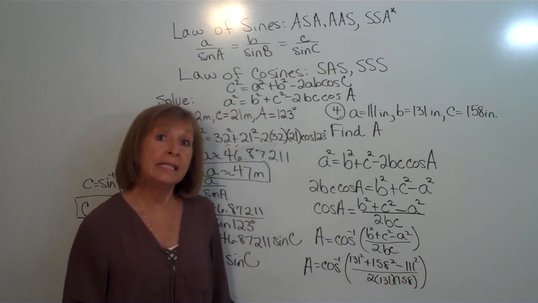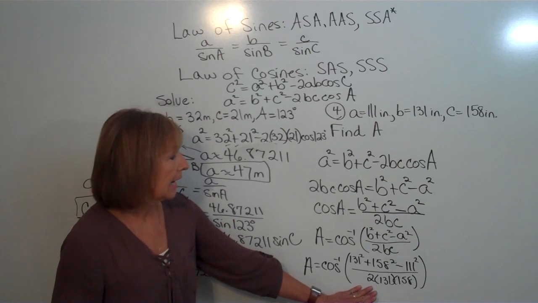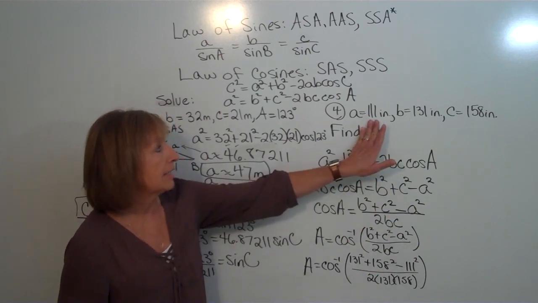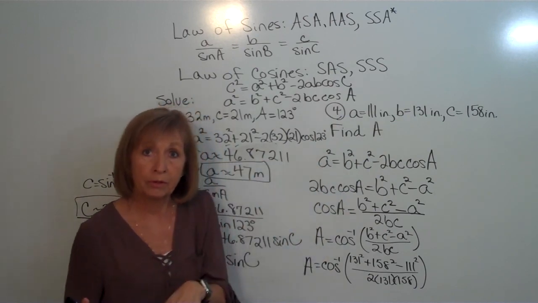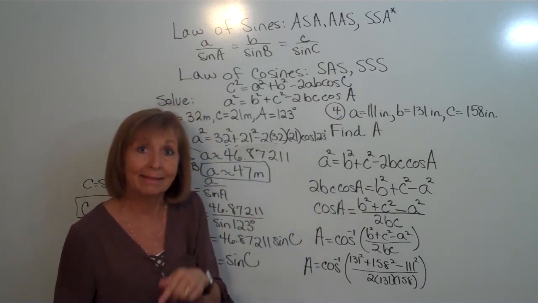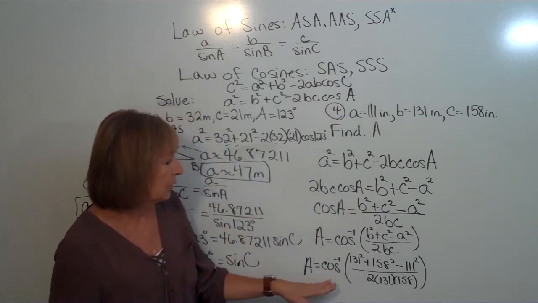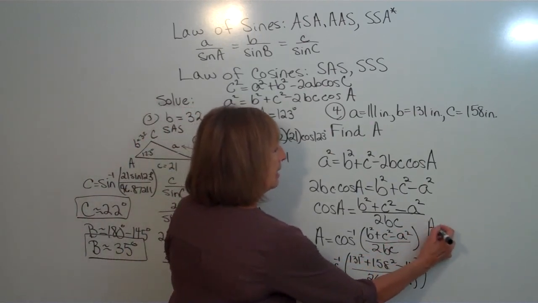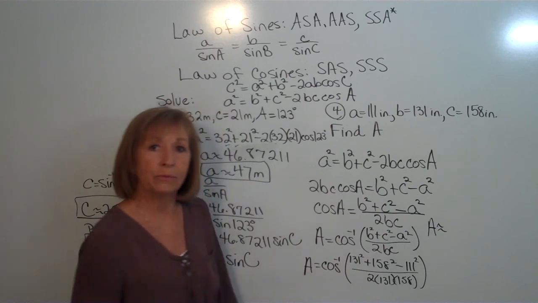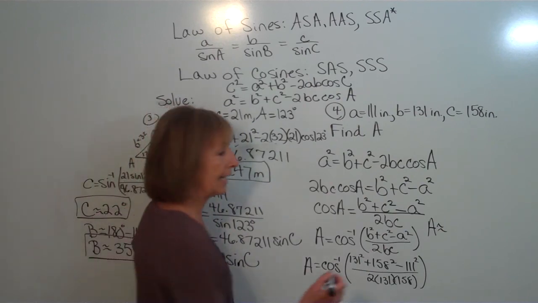And when you key that through, and also look, all these sides are with 3 significant figures, so you should report your angle to the nearest tenth of a degree. So when you work this out and you report your answer, A is approximately equal to 43.9 degrees.